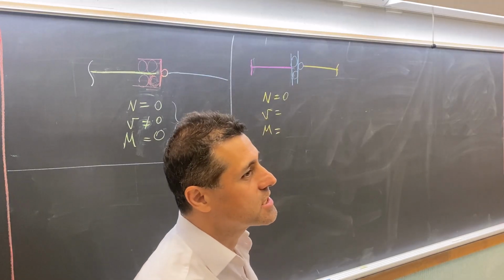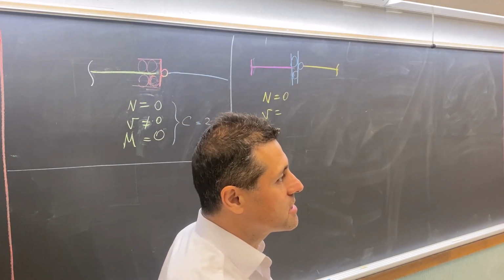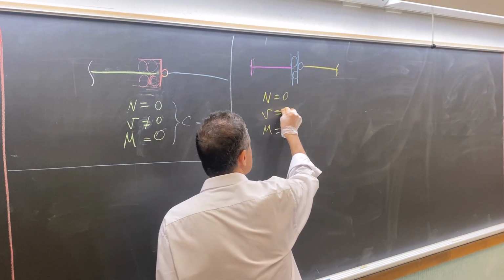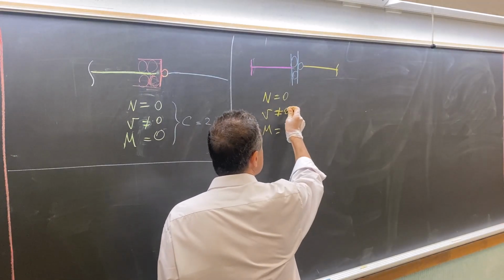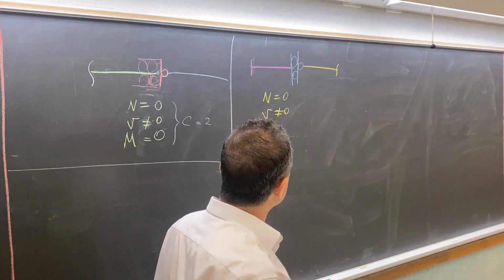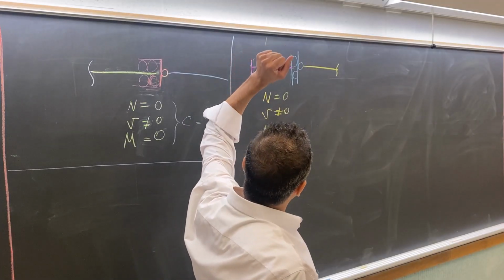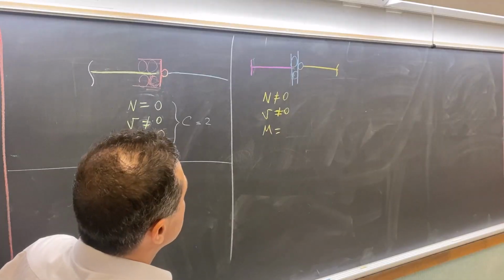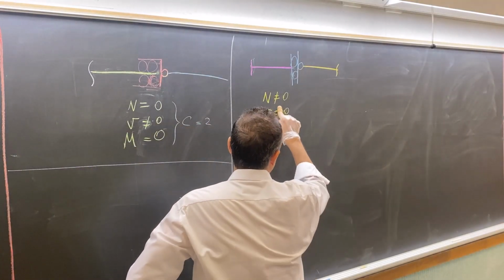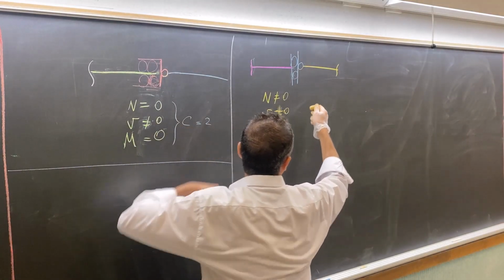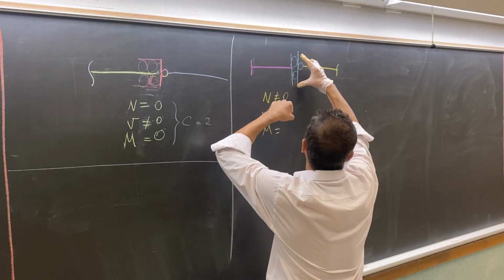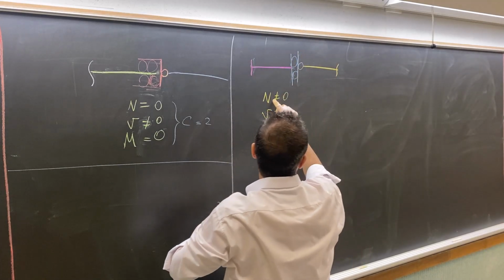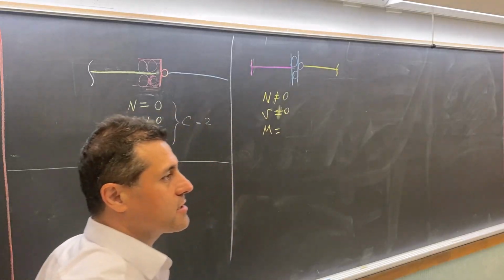Shear force. No, N wouldn't be 0, would it? Wait, is that right? Yeah, N's not 0, but shear is 0. Yes, because you can vertically slide it, this one goes up and down, but horizontally you cannot get them away.